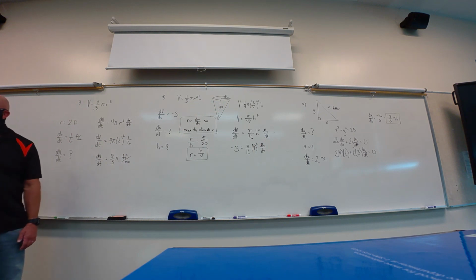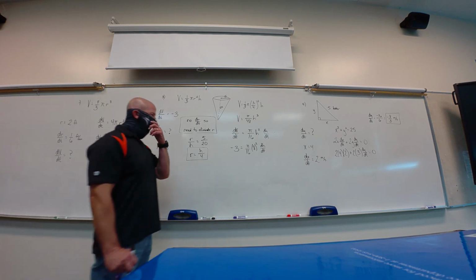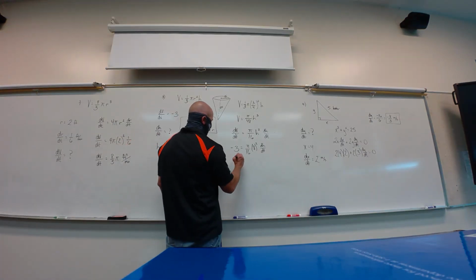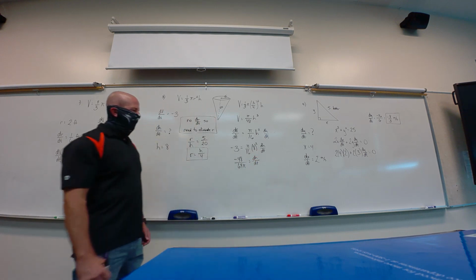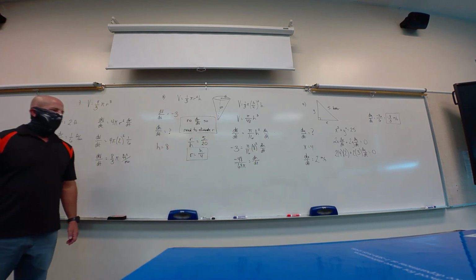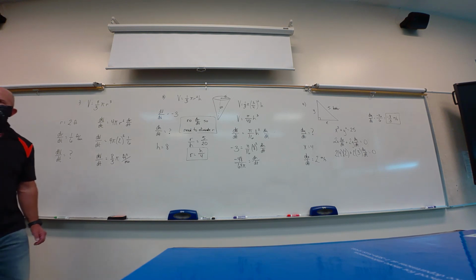I've got everything I need, right? Let's see. I can move the 16 over. So -48 over 64 pi is dH dt. That was reduced down to what? -3 over 4 pi.